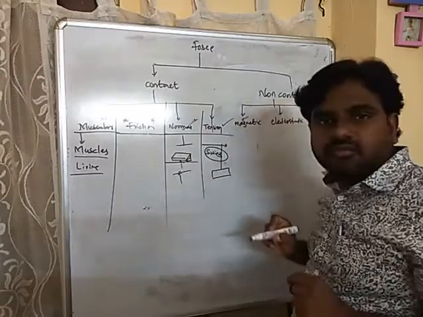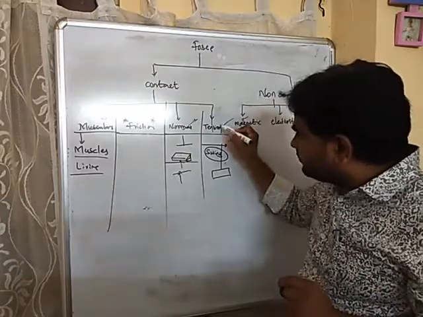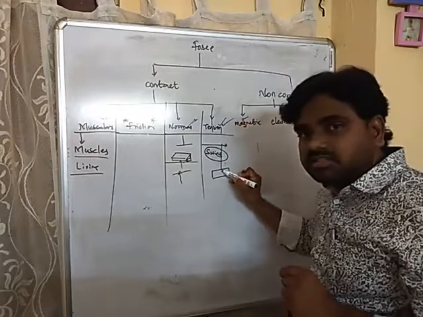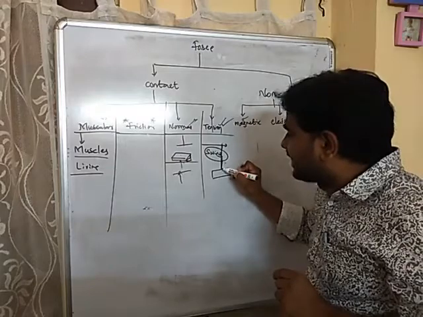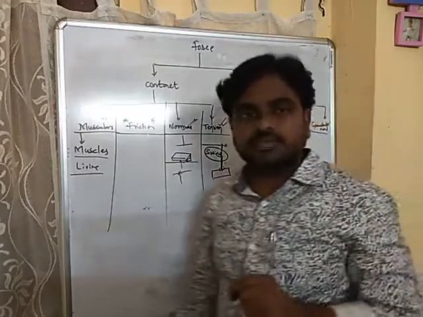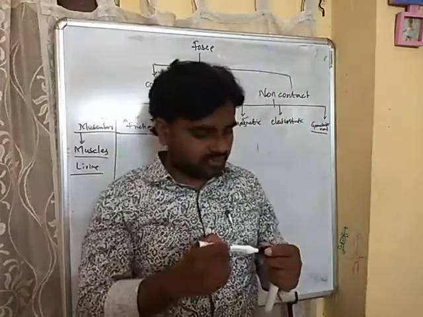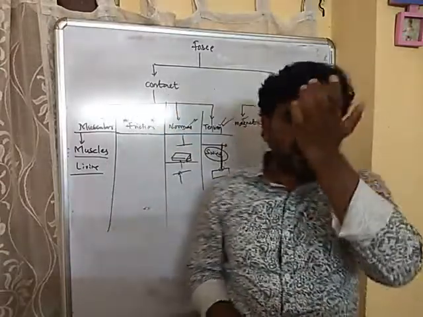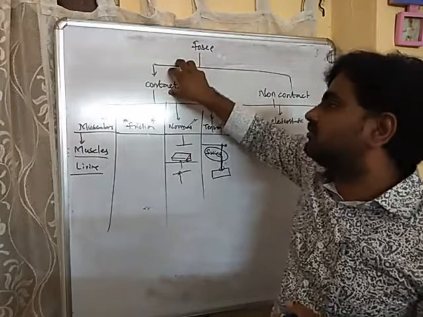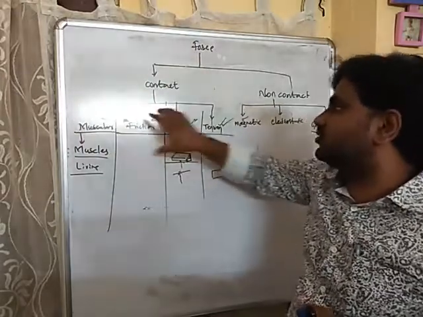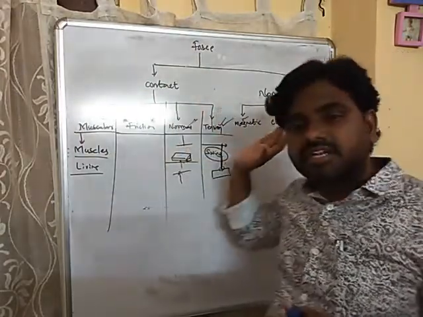But on the tension force side, the bodies are suspended with the help of some support, and the force acts at the top of the objects. So these are all the major concepts about contact force. Contact forces are of 4 types: muscular force, friction force, normal force, as well as tension force.